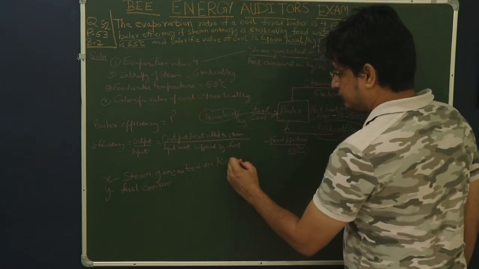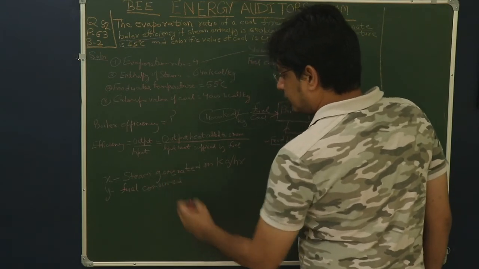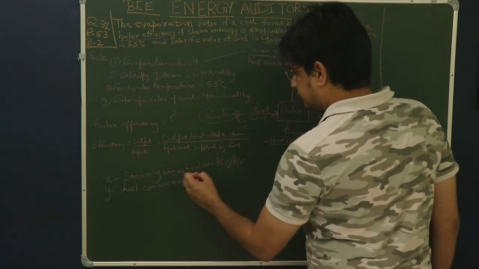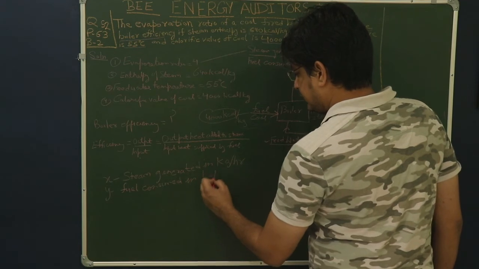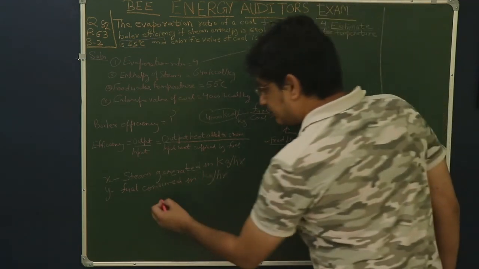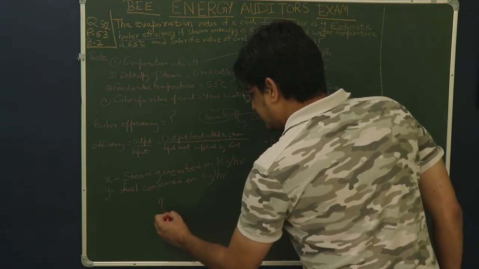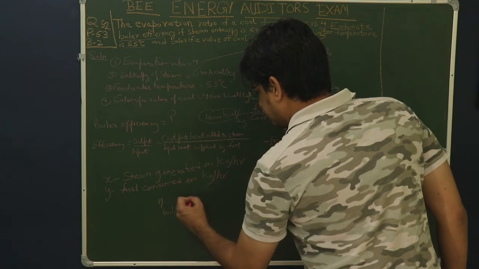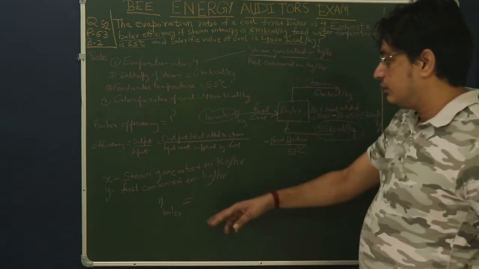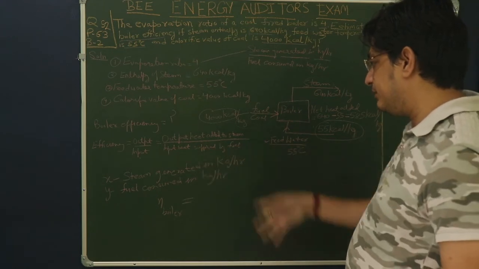in kg per hour, and I will assume Y as fuel consumed in kg per hour. Now I will get back to our question, efficiency of boiler. Efficiency is output heat added to steam upon input heat supplied by fuel.